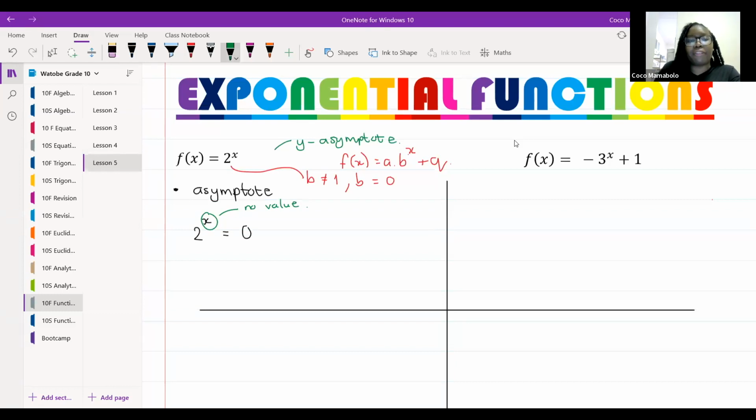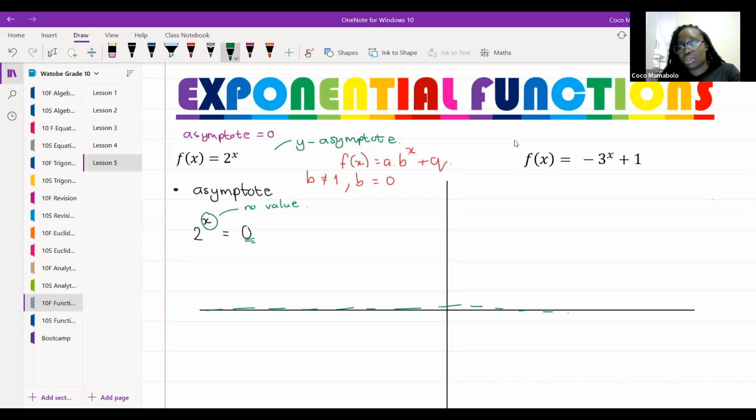So in a graph that just has this b value over here, my asymptote is equal to 0, where y is equal to 0. There's no value that I can put in here for x where I'm going to get the answer 0 out. So my asymptote is going to be here.